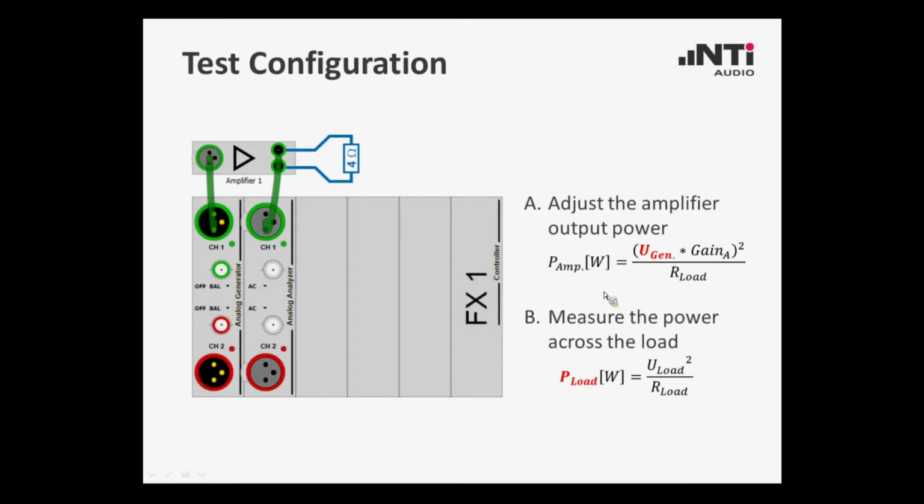The other formula, the measuring formula of the dissipated power across the load, is basically the same. We measure the voltage across the load, square it, and divide by the load impedance, and that gives us the dissipated power that we want to know. Once again, these calculations are done within the FX100. It's not that you have to do that. You will receive the direct result of this calculation.